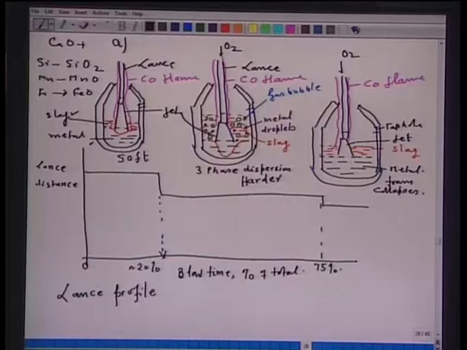That is what is shown here: purple are the metal droplets, the red layer is the slag, and the gas bubbles are shown in green. So, what has happened between 20 to 75% of the blow time? A three-phase dispersion has been formed. The three-phase dispersion consists of slag, metal droplets and gas bubbles.